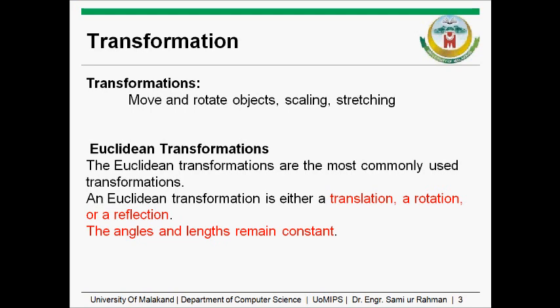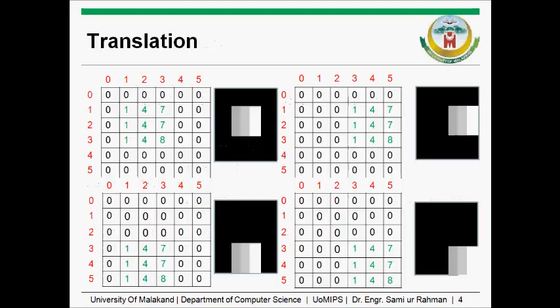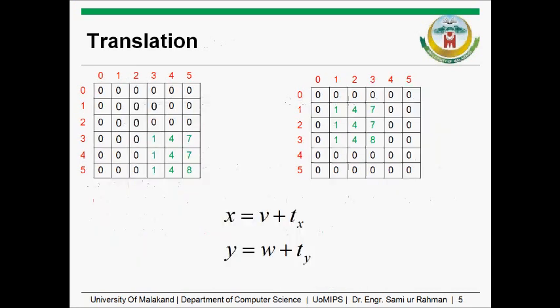Rotation is related to angle transformation, and when I say that angle remains constant, this is somehow a contradiction, but it is the angle inside the object and not the angle along the rotation axis. So this was already discussed in our last class.